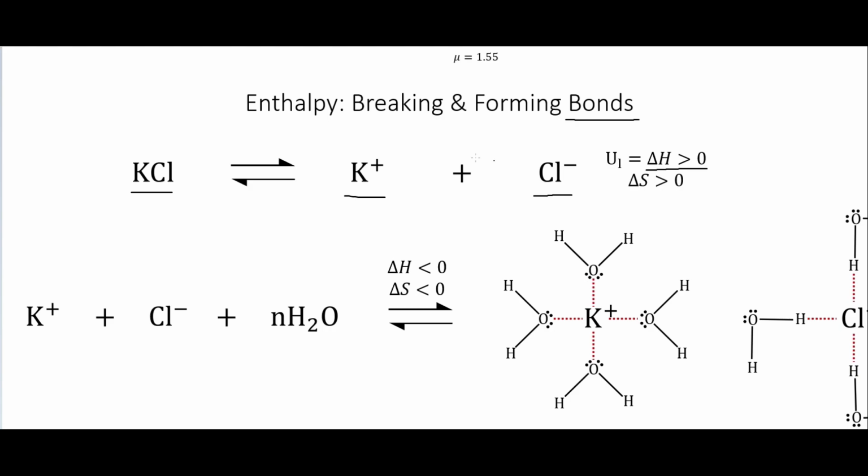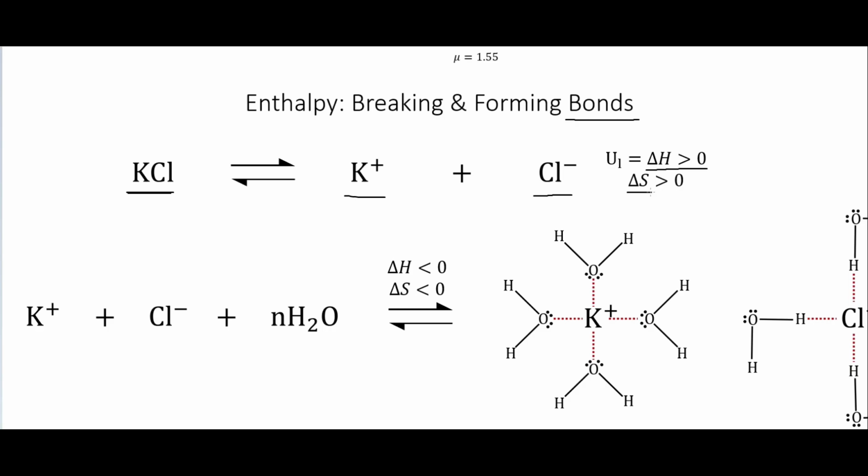We can think of these like magnets. If you want to pull them apart, you have to put energy into it, flexing muscles to pull those magnets apart. It's a similar situation with these ions: we have these charges and we have to pull them apart, so we have to put energy in to do that.